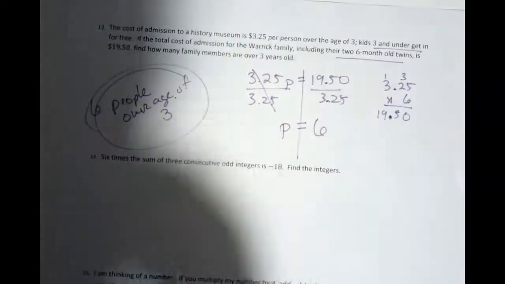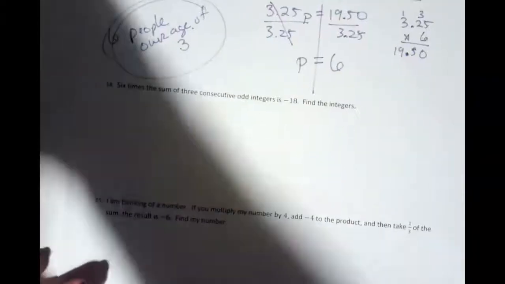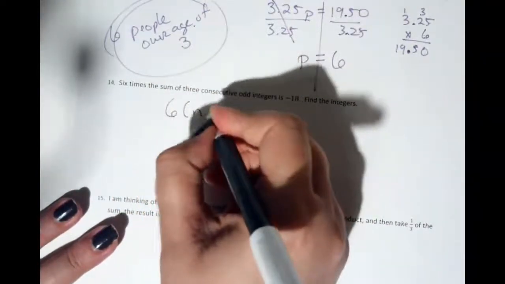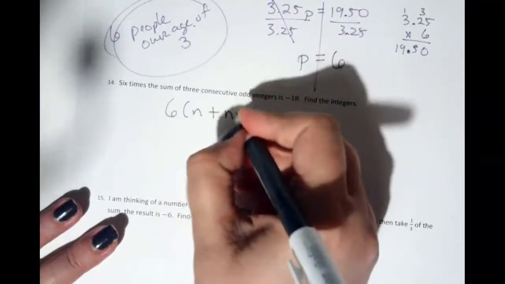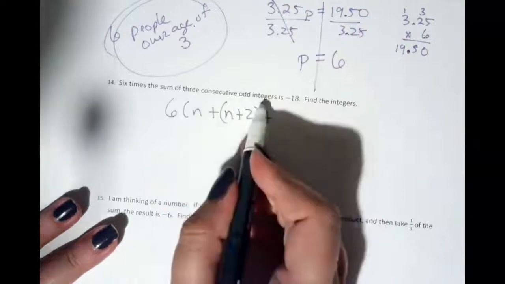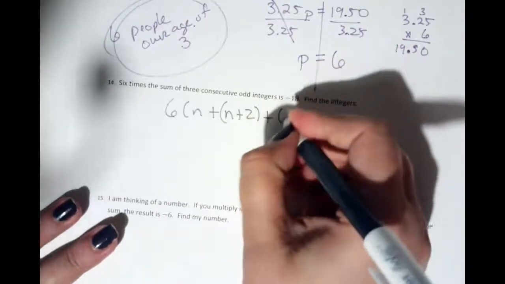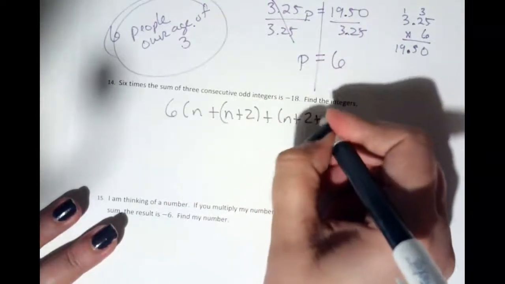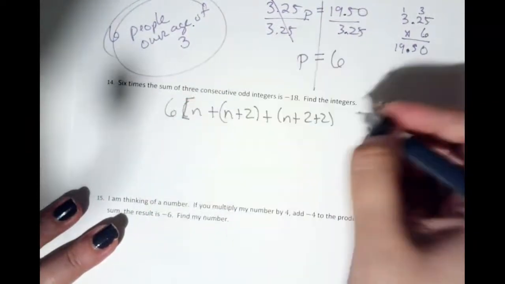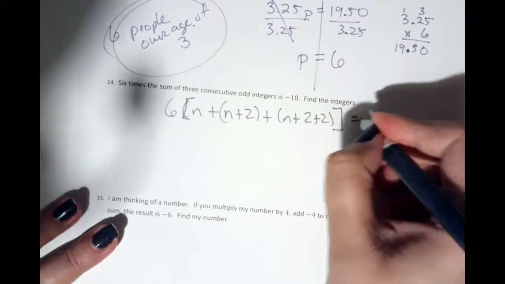Alright, number 14, we have 6 times the sum of 3 consecutive odd integers. So we know that would be the first number, the second odd integer, and 3 consecutive. So the next odd integer, I'm going to change that into brackets instead of parentheses.